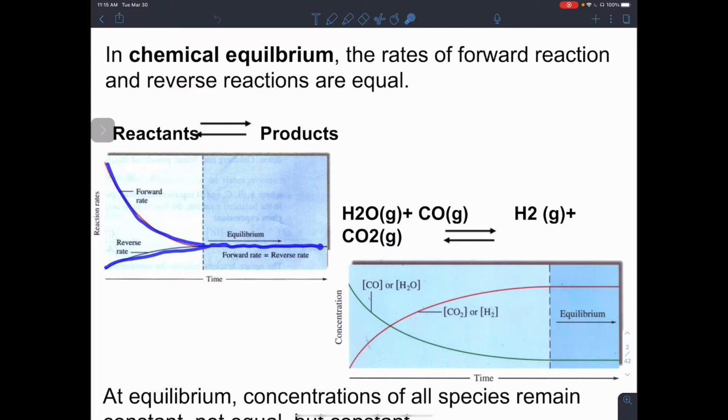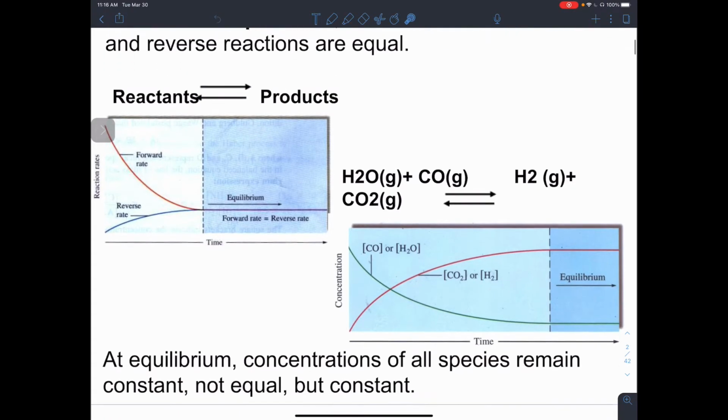So what becomes equal are the rates, the rate at which a reactant is turning into product and product is turning into reactant. Not the amounts, not the concentrations.